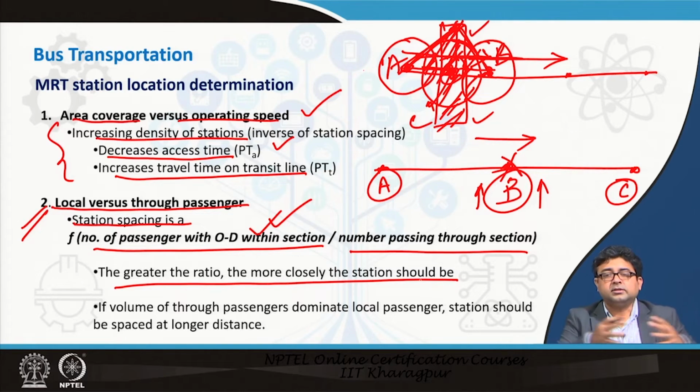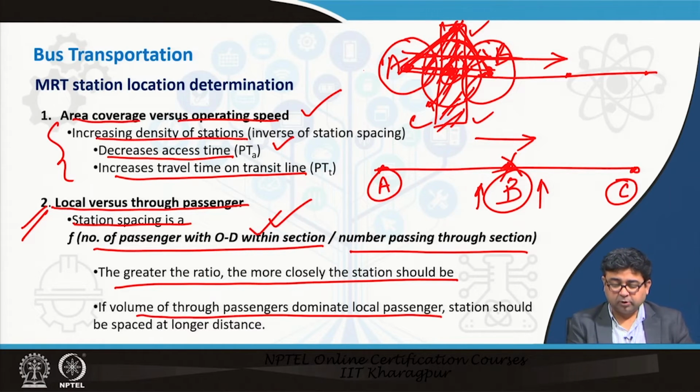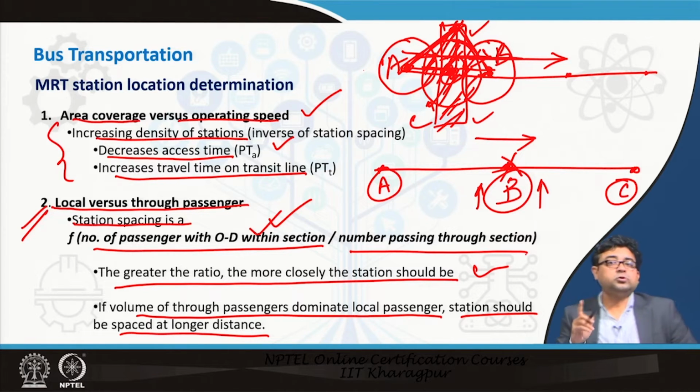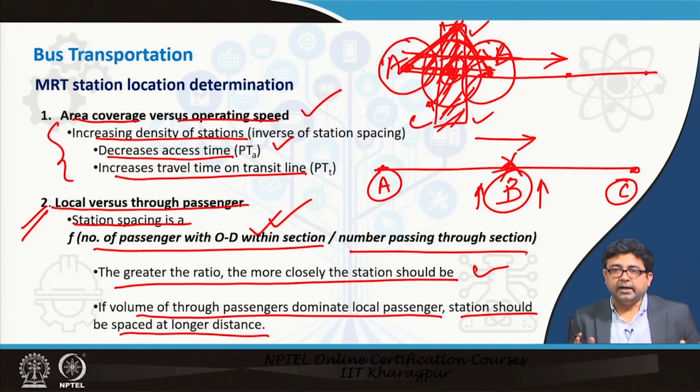So, the spacing is different. If the volume of through passengers dominates the local passengers, stations should be spaced at a longer distance, which is just the reverse of this. So, these two trade-offs are kept in mind when developing the station spacings using this method.